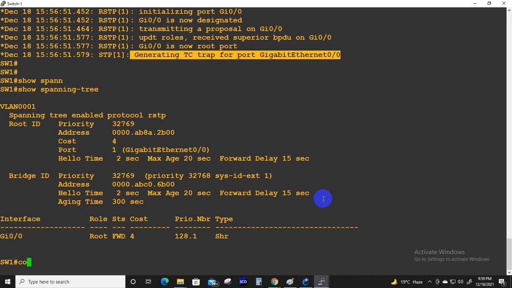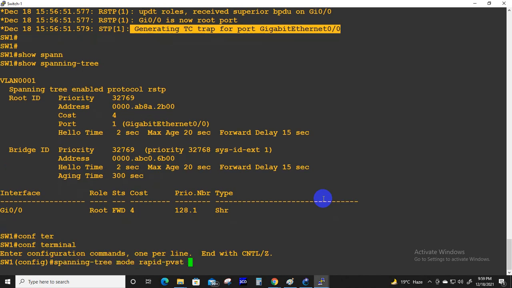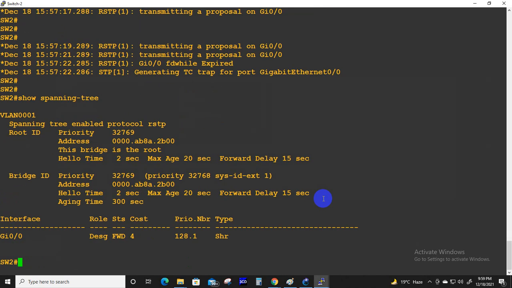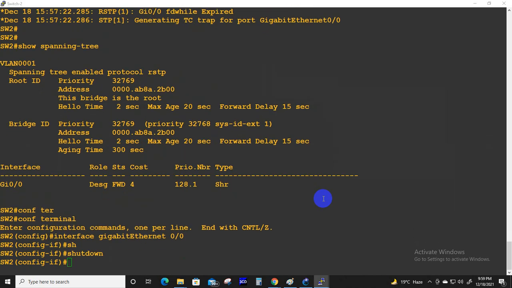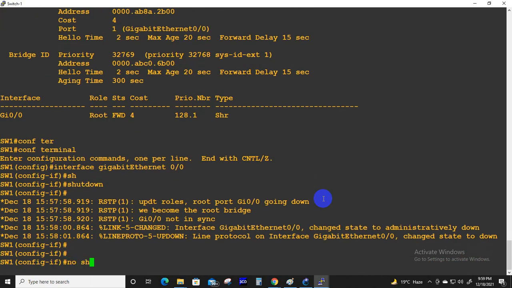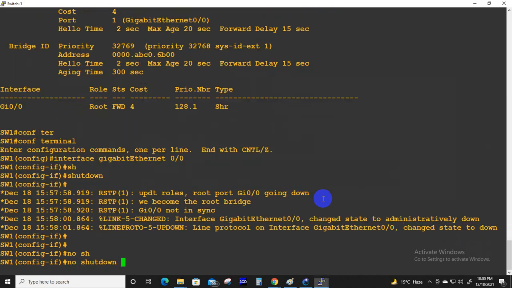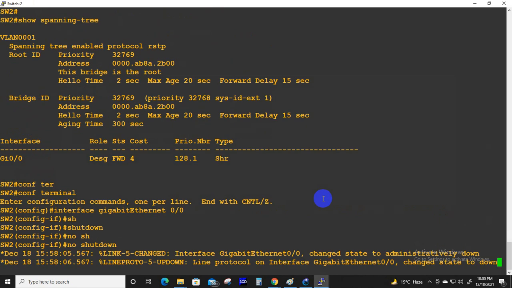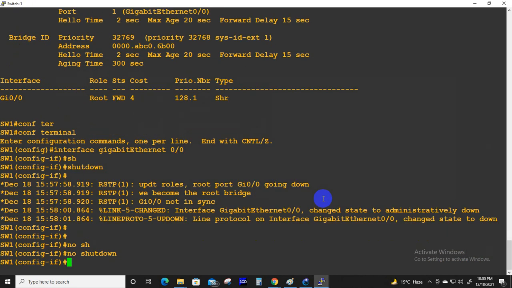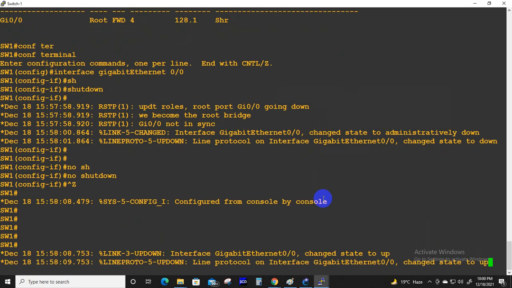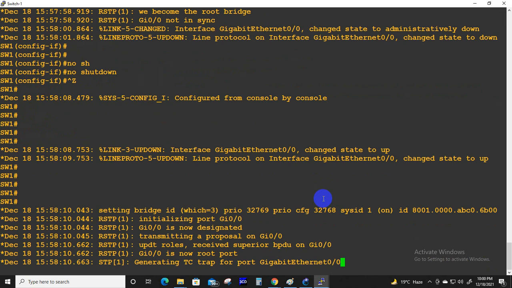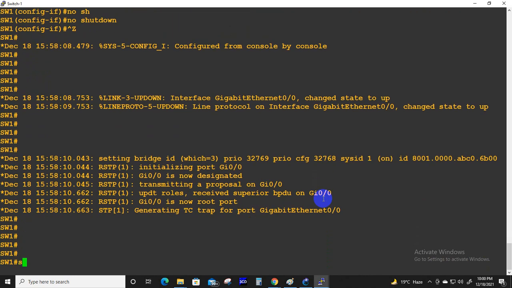Do it again. Configure terminal, shut. Configure terminal, shut. No shut, no shut. Show spanning-tree.